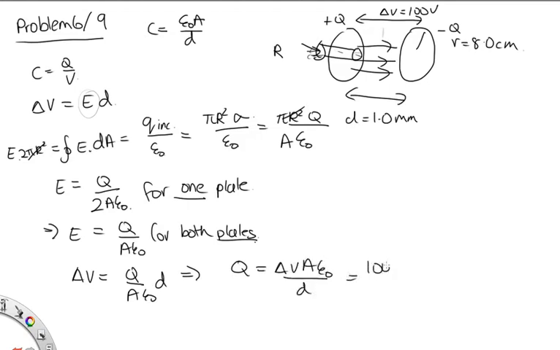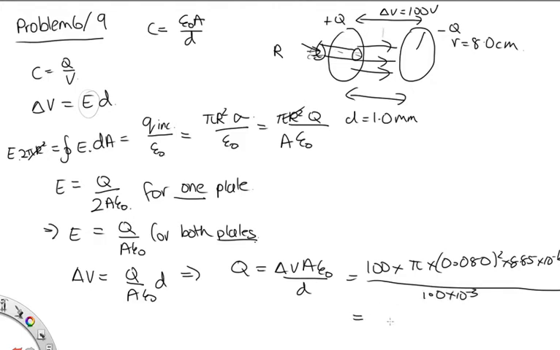And so this is 100 times the surface area of the plates, which is pi times 0.080 squared, times epsilon naught, 8.85 times 10 to the minus 12, over the distance between them, 1.0 times 10 to the minus 3.